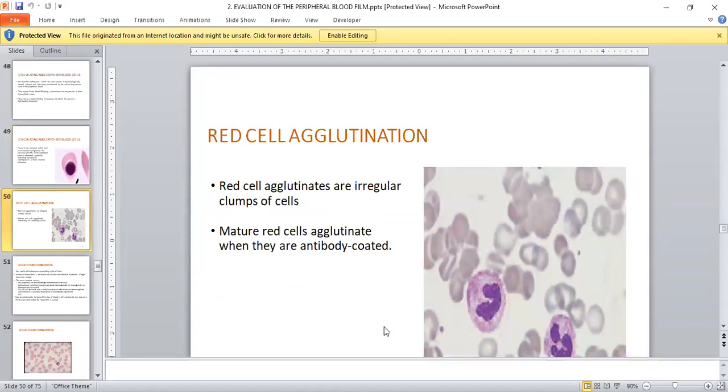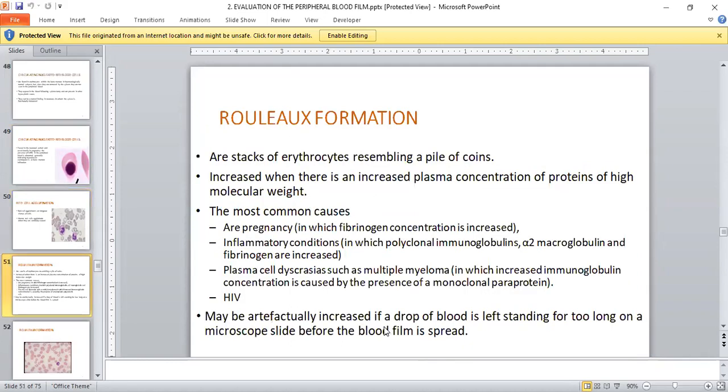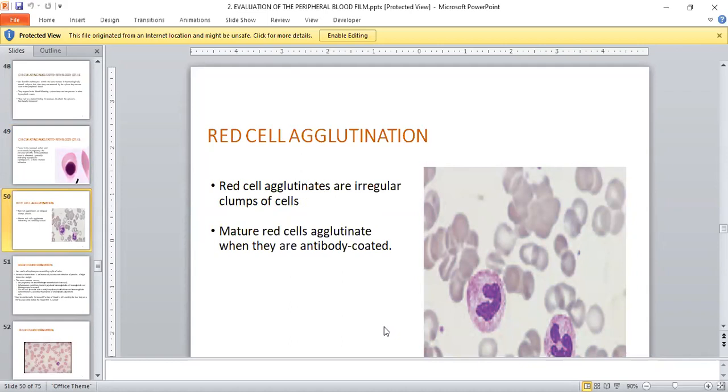I also have red cell agglutination, just irregular clumps of cells. It looks like clotted blood, but this is blood that's in the body. It can also be an error where you didn't handle your blood well after extraction.